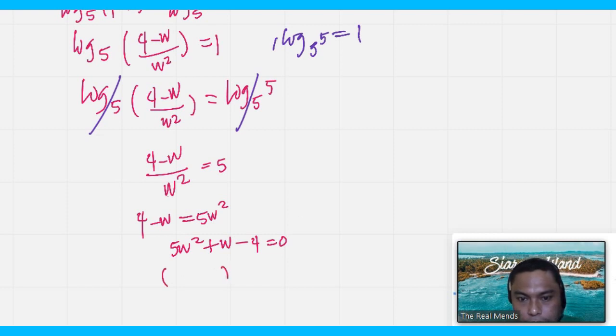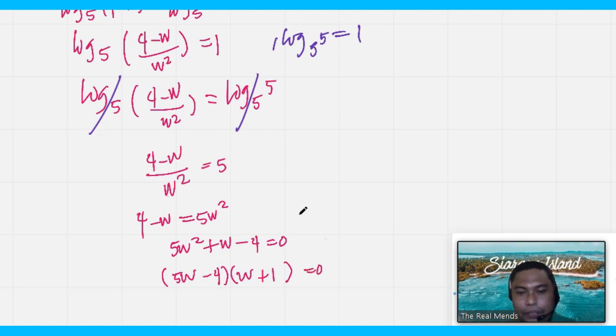We have (5w minus 4)(w plus 1) is equal to 0.